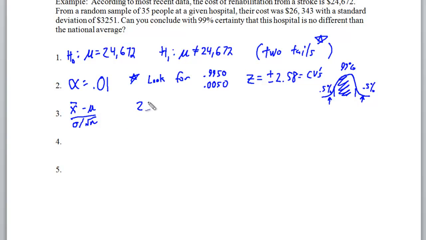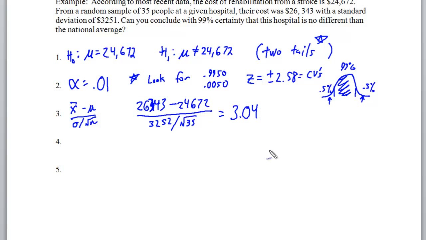So that hospital had an average of $26,443, minus $24,672, divided by the standard deviation in this case, which is $3,251, divided by the square root of 35. All right, so you compute that value and you get a standard z-score of 3.04.